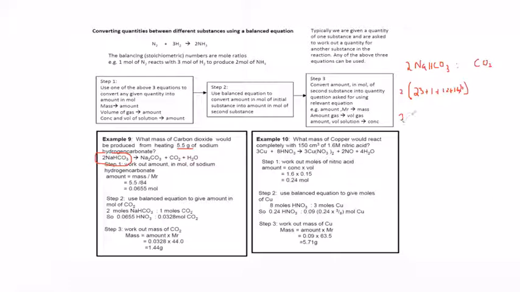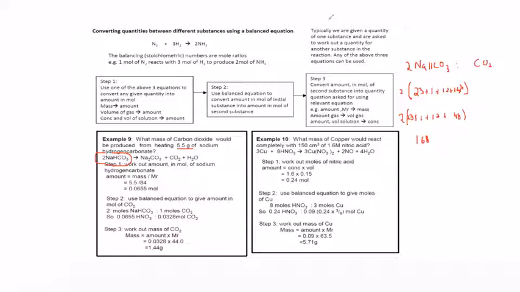So 23 plus 1 is 24, plus 12 is 36, plus 48, so it will be 84. 84 multiplied by 2 will be equal to 168. This total mass is 168.